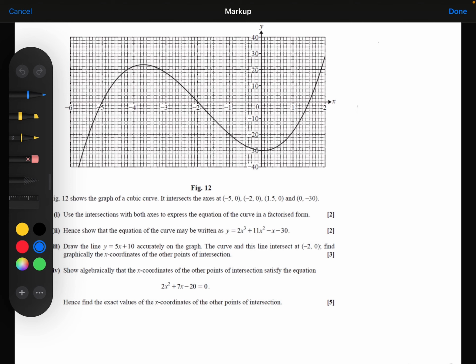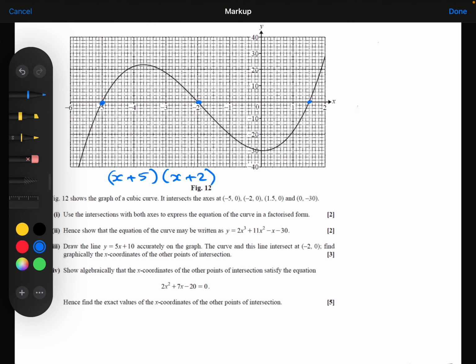So the fact that -5 is a root might tell me that x plus 5 is a factor, from the factor theorem. If -5 is a root, then x plus 5 is a factor. Similarly, if -2 is a root, then x plus 2 is going to be a factor.